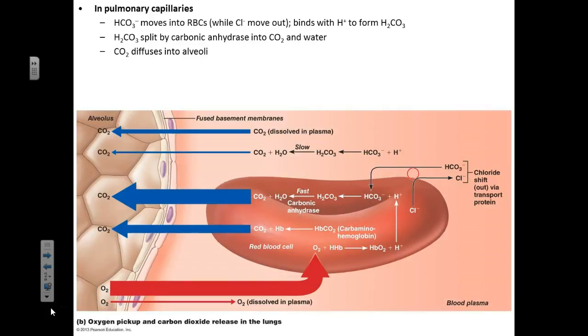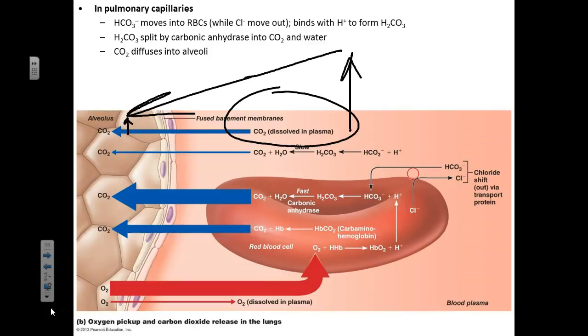In the lungs, in the pulmonary capillaries, in the alveoli, look what happens. CO2 now, its concentration in the plasma is much higher than its concentration in the alveoli. So it will diffuse across the respiratory membrane back into the alveolus. That makes sense?